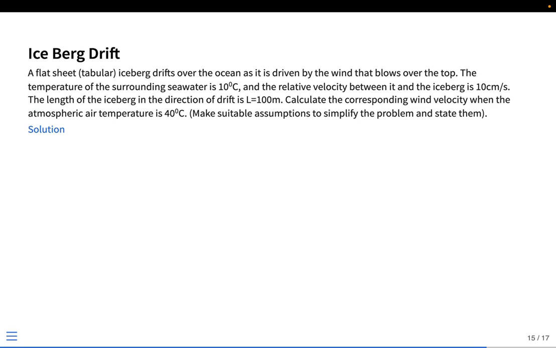Okay. Are there any comments on the question? The idea here is, I'll just explain the problem. We have to make so many assumptions here to be able to even come up with a solution for this. There is an iceberg that is floating on top of some sea water. This is at 10 degrees Celsius. And then there is hot air that is flowing.